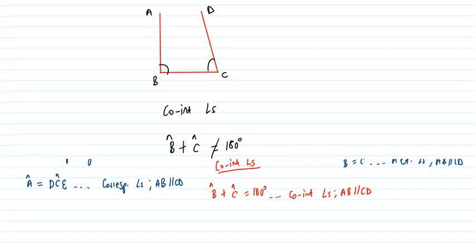Similarly, if I draw a line here like this, and I call it A, B, C, and D, right? Then I don't indicate that these lines are parallel. Are angle B and angle C alternating angles?